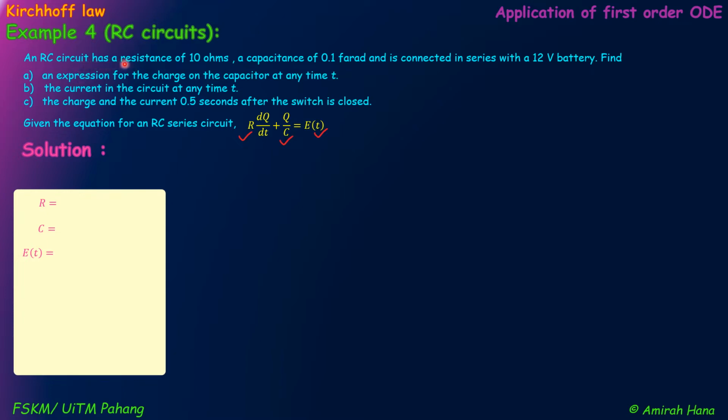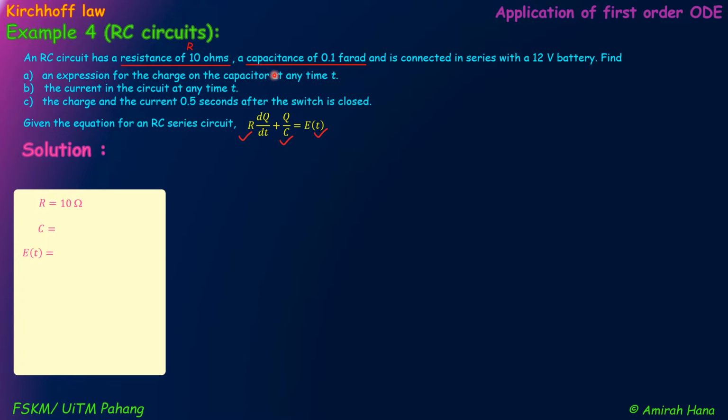Now we look at the given question. A resistance of 10 ohms, this is R, so we can write here R equals 10 ohms. This is the symbol for ohms.